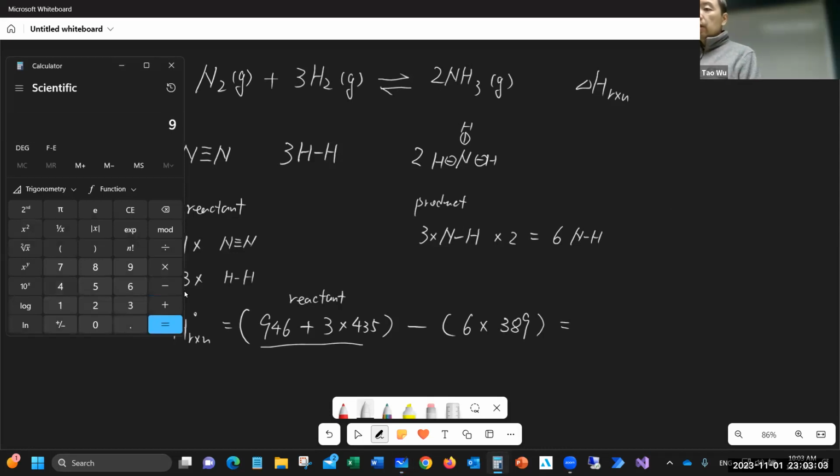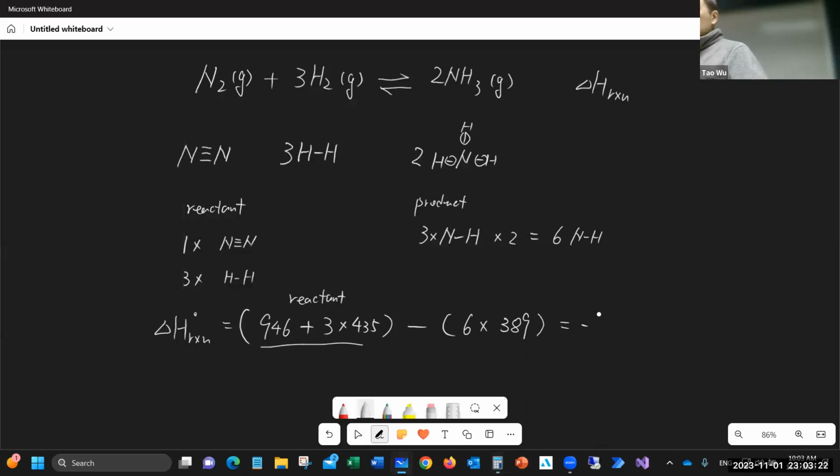Okay, so 946 plus 3 times 435 and subtract 6 times 389, and you got negative 83. So negative 83 kilojoule per mole will be the answer for the enthalpy of this reaction.